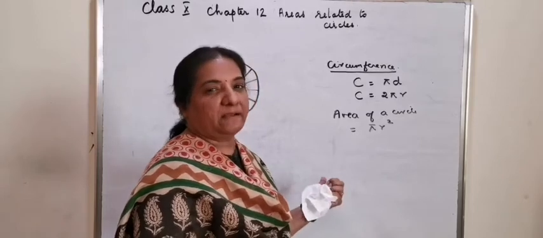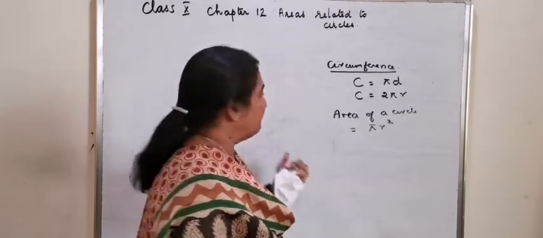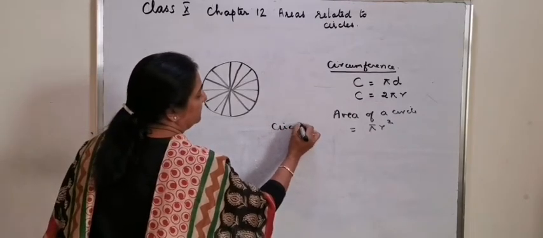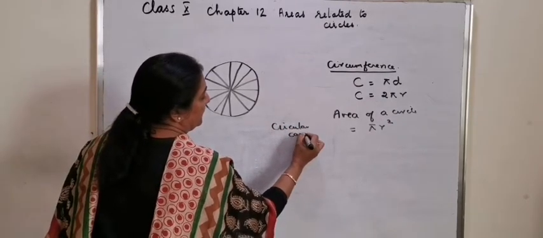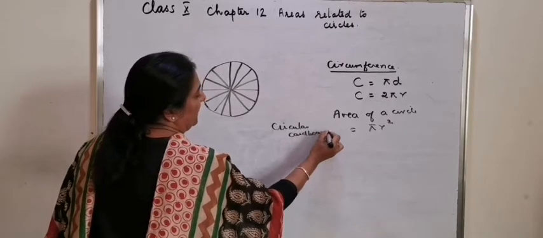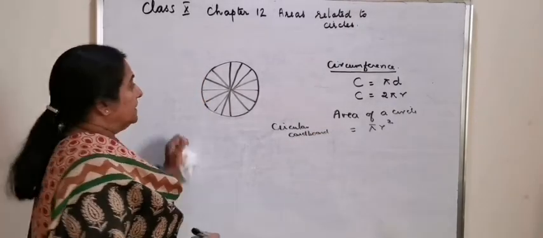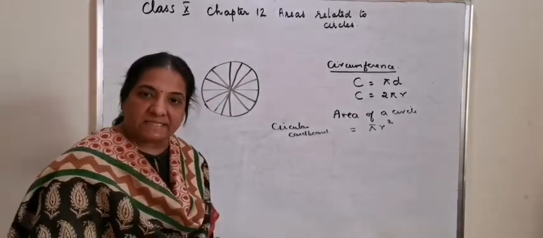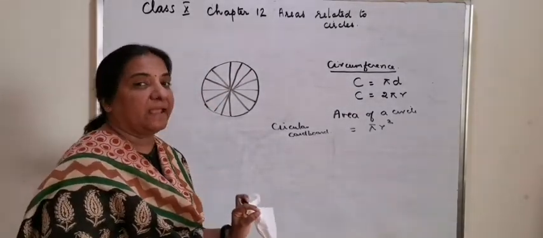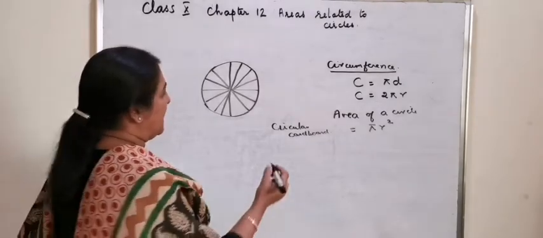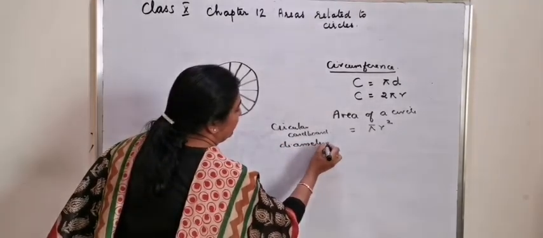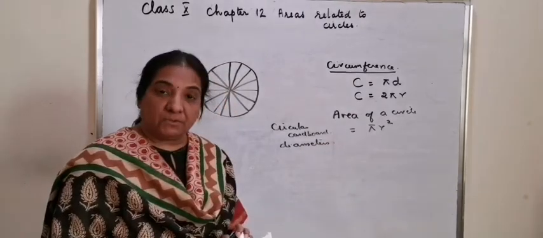How did we derive this formula? Imagine a circular cardboard, and diagonally you are drawing the diameters, and with great care you can make as many diameters as possible in this circular cutout.